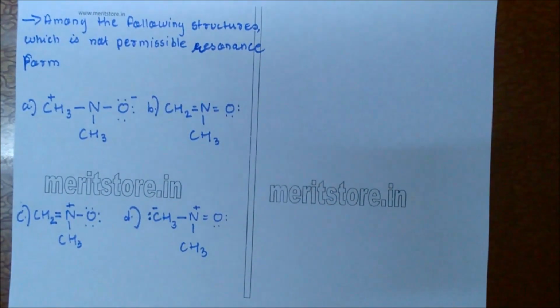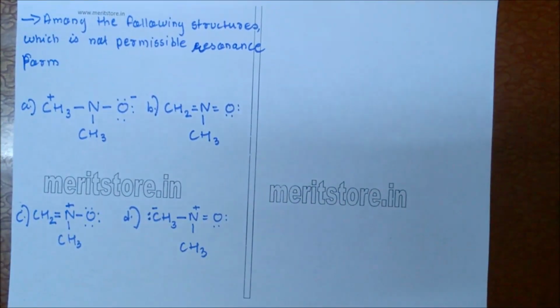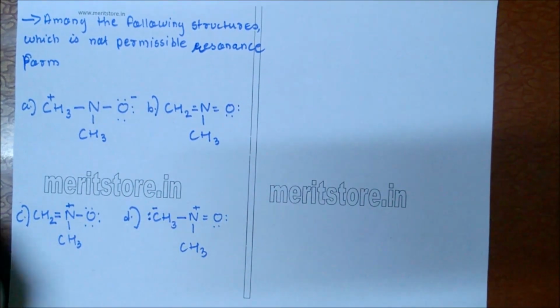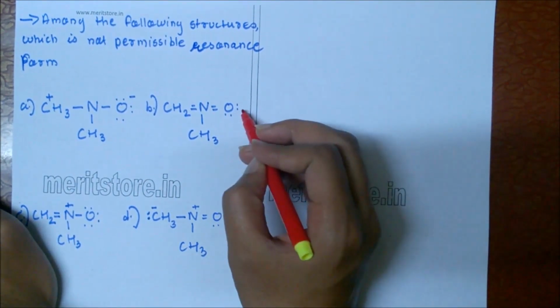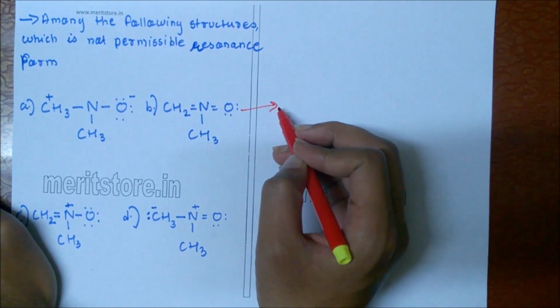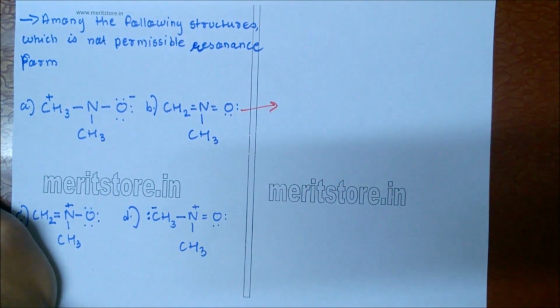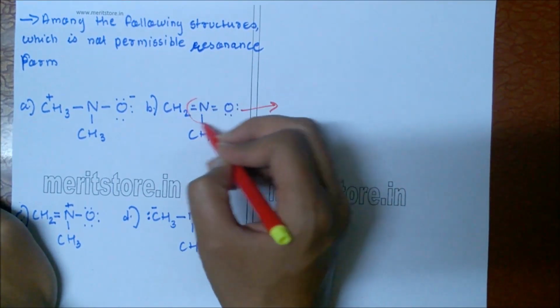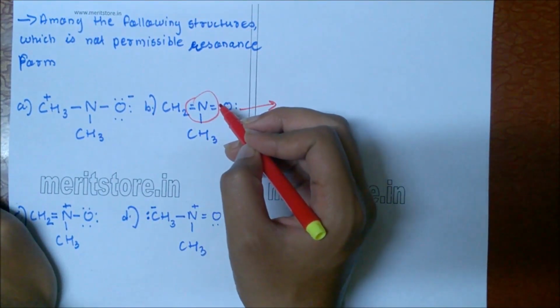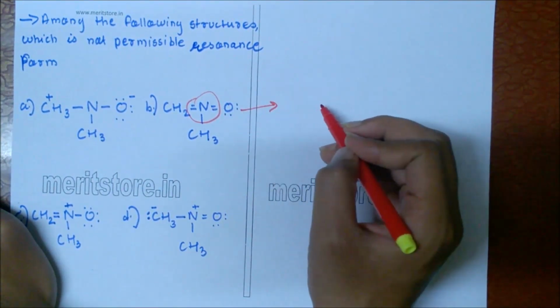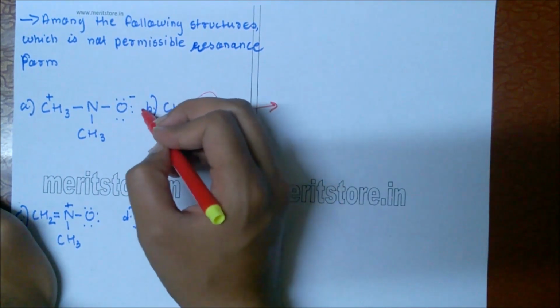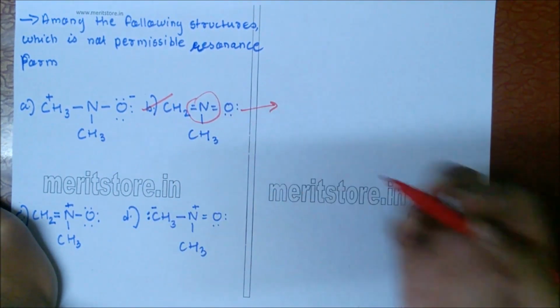Among the following structures, which is not a permissible resonance form? Structure B is not a permissible resonance form because B has 10 electrons surrounding the nitrogen atom, but the octet rule limits it to 8 electrons. So option B is the correct answer.